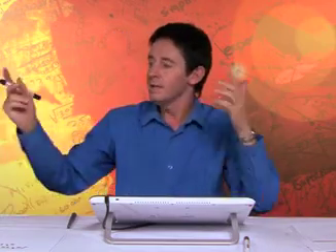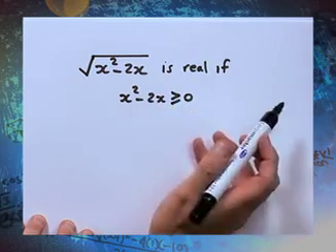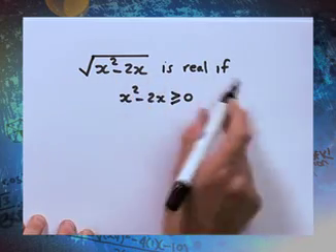Remember, the square root of x is real if x is bigger than or equal to 0. It's got to be bigger than or equal to 0. You can't just square that and drop the root. You've got to state that this is real if that.